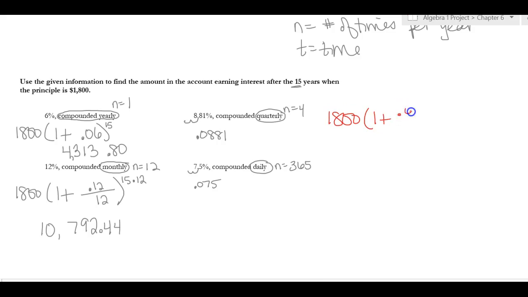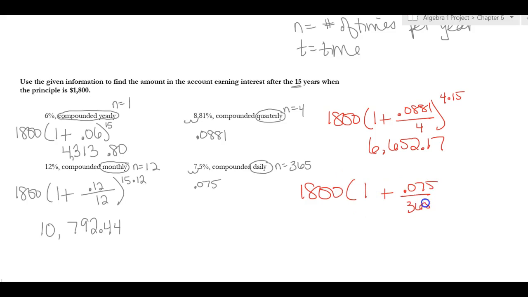Okay, so this is what you should have had. And when you plugged it in, you should have got $6,652.17. And then here, same idea.